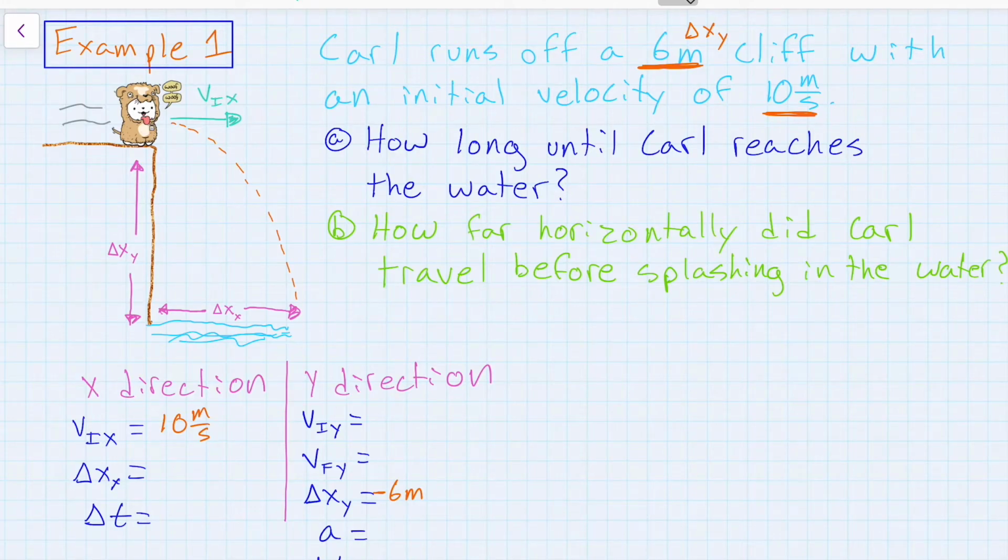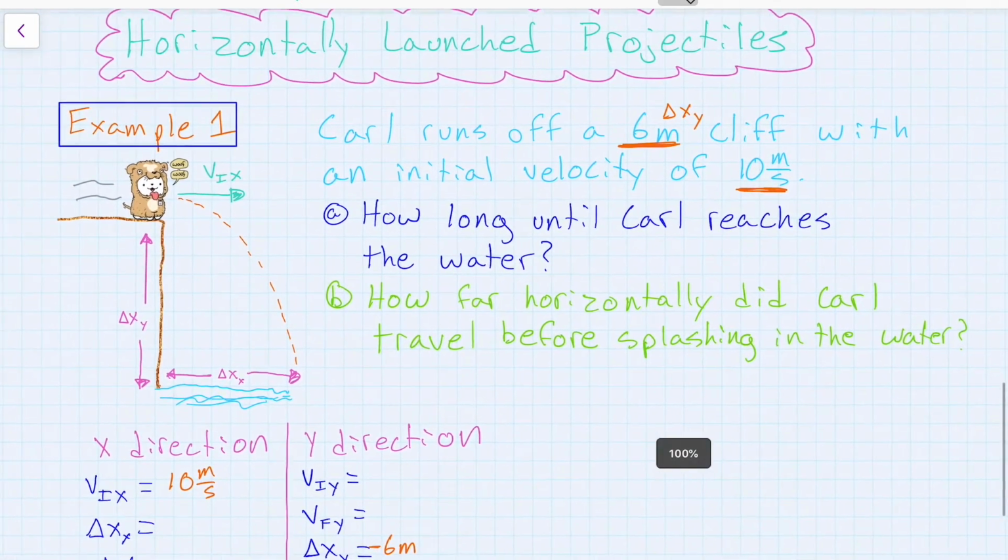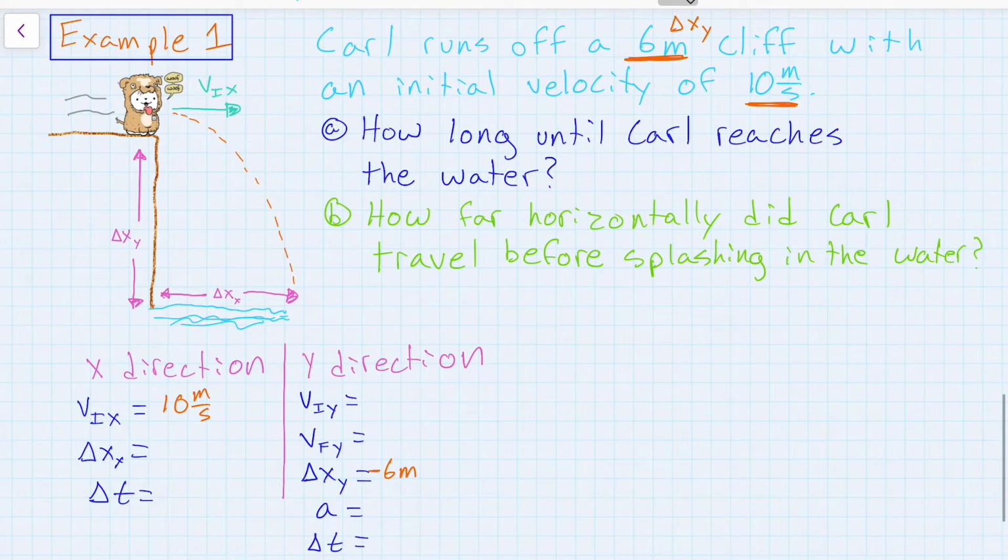So if we think about free fall, and the motion in just the y direction, we know that the acceleration is going to be constant, and that acceleration is g, the acceleration due to gravity. And it is minus 10 meters per second each second.